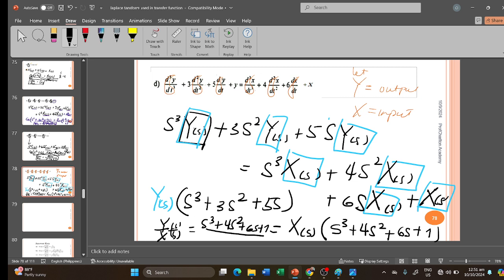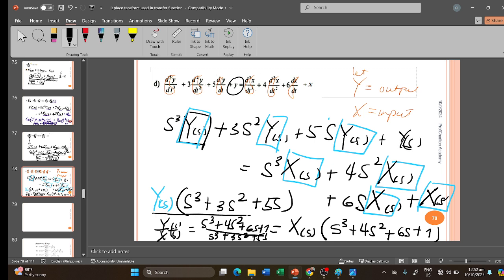Then here becomes the denominator: s cubed plus 3s squared plus 5s plus 1. Sorry, I forgot the plus 1 here.